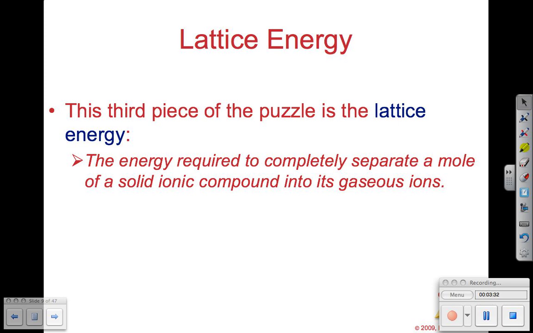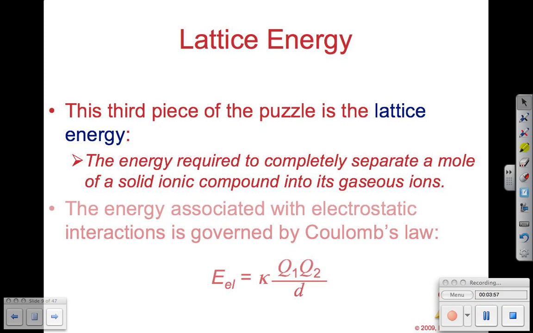When we calculate or determine lattice energy, we have to completely separate ionic compounds into their gaseous ions. So you put enough energy into it to take it from a solid to a gas, where the particles are no longer attracted to each other. The amount of energy it takes to break that apart is what is referred to as the lattice energy, and it's related to Coulomb's law.